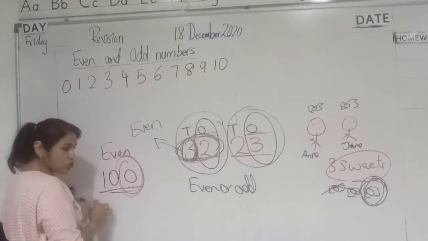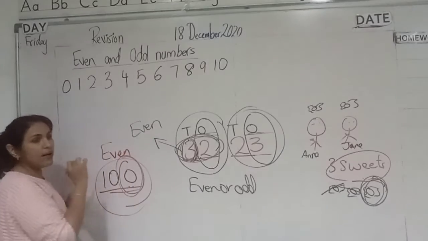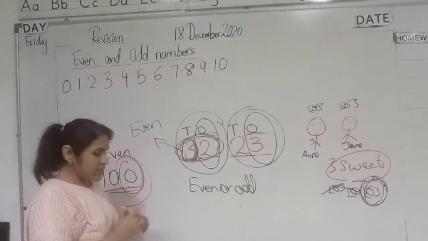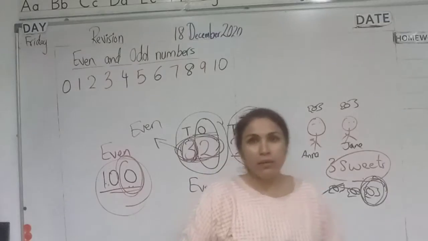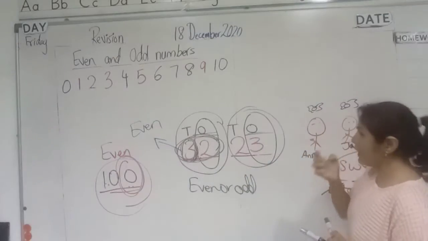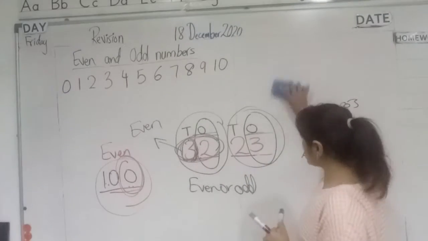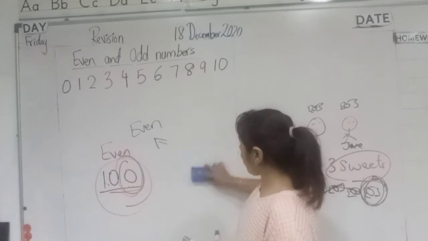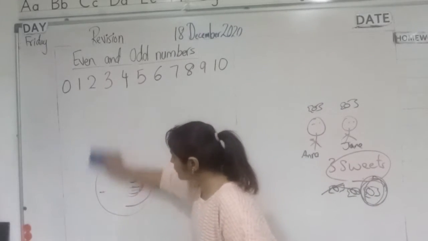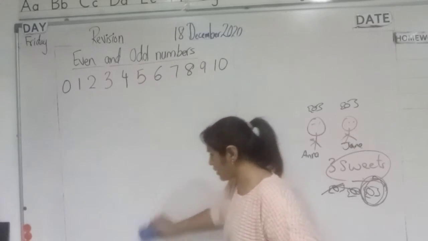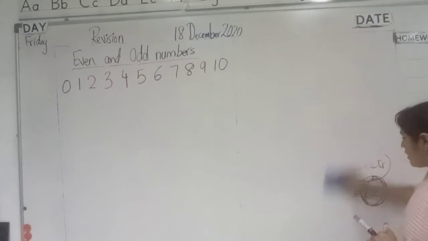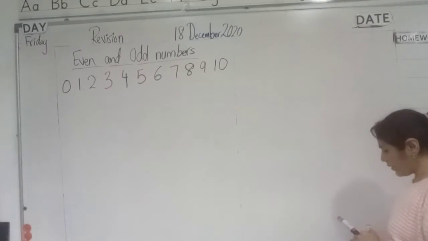So number 100 is an even number because it can be equally divided and shared among people. So this is what I wanted to clarify today with you all, that even and odd numbers are easy to differentiate. You can easily make out which is the even number and which is the odd number.